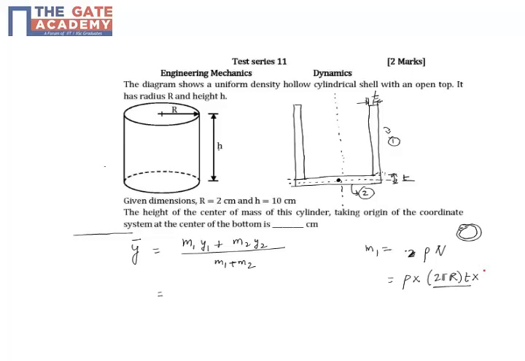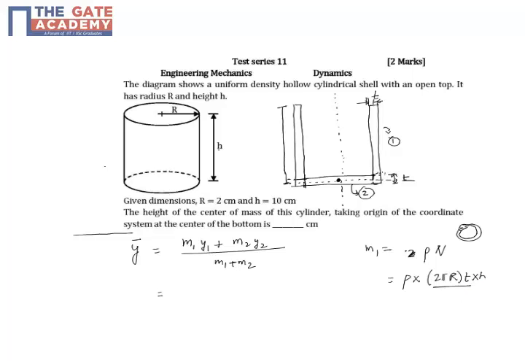Because the thickness is small, the area of cross section is 2 pi r into t, where t is the thickness. The length is the height h, till this point. This much is our body one.